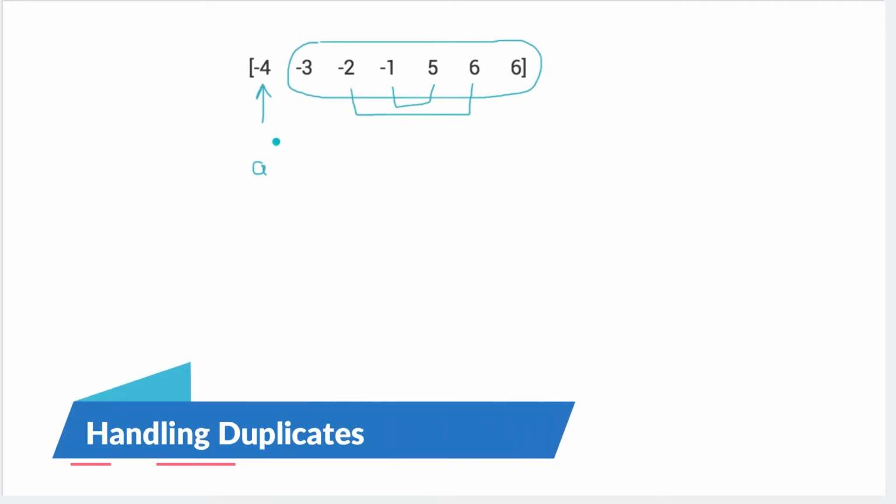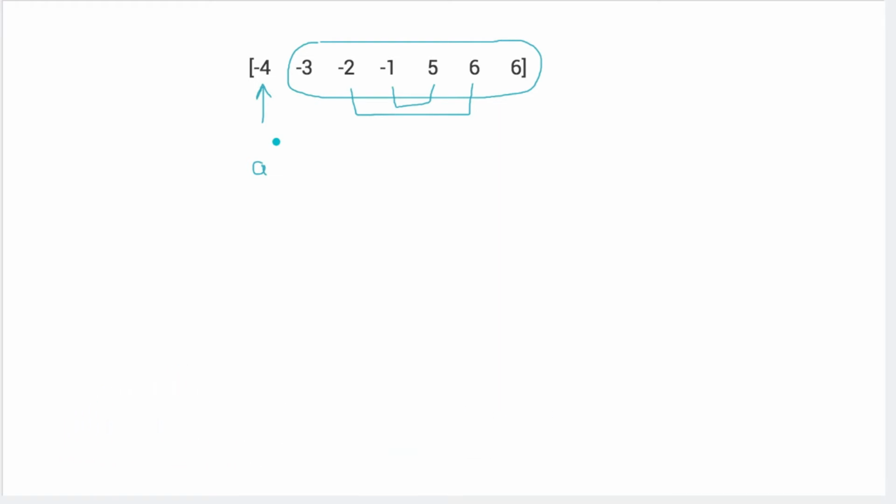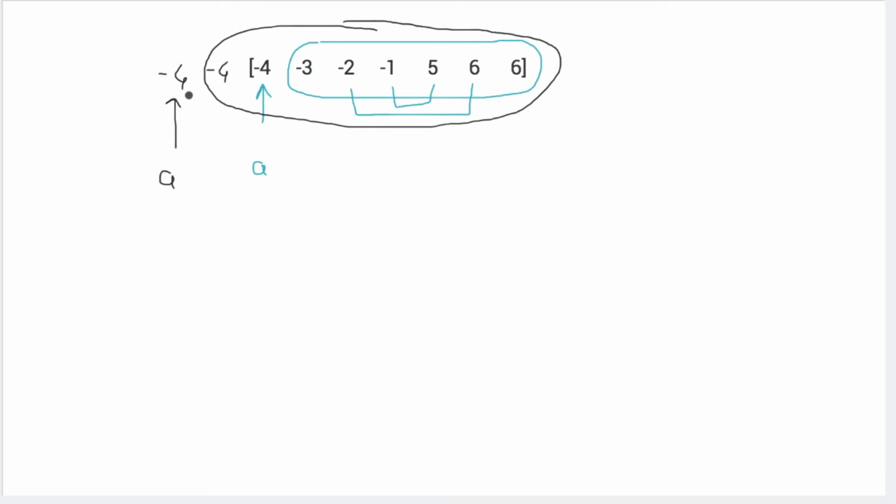The only question that is still unanswered is: how are we going to handle the duplicates? We will use a simple idea. Let's say there are multiple -4s in the array. Initially, we will fix this -4 as A and then try to find pairs in the remainder of the array that add up to 4.